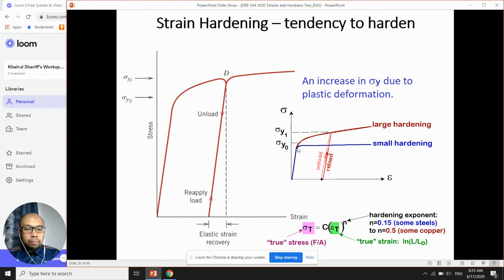When they reach the yield point and start to deform, the blue sample suddenly stays constant. Constant means that when you pull, there is no change, which is not a good condition.